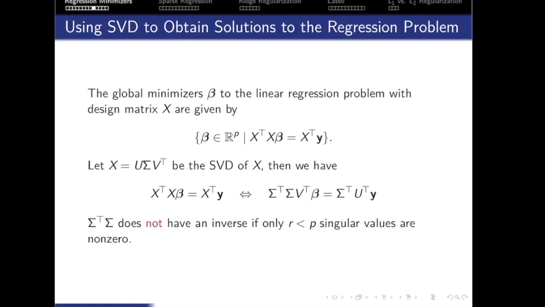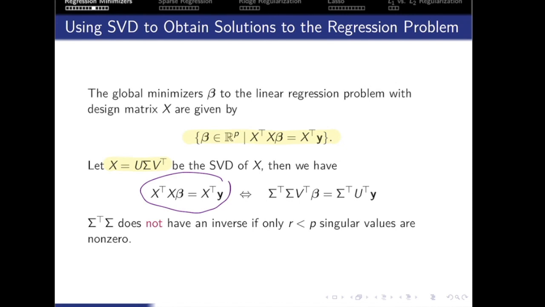Now what does this imply for our regression problem? So we start here with our set of linear equations as is given here for the set of global minimizers beta. And then let's decompose our matrix X and let's try to solve this. So if we insert for X the singular value decomposition, then we get the following.